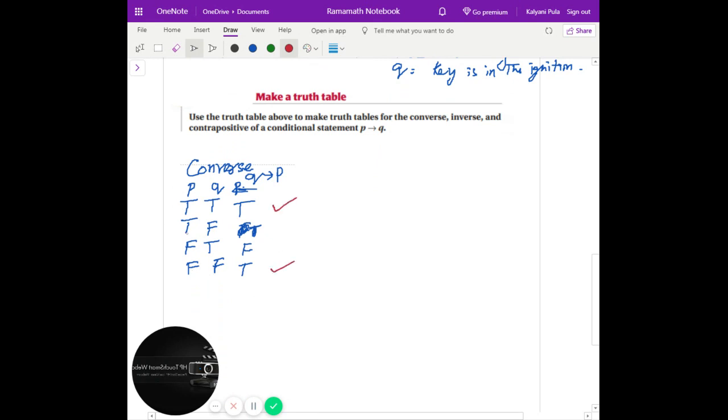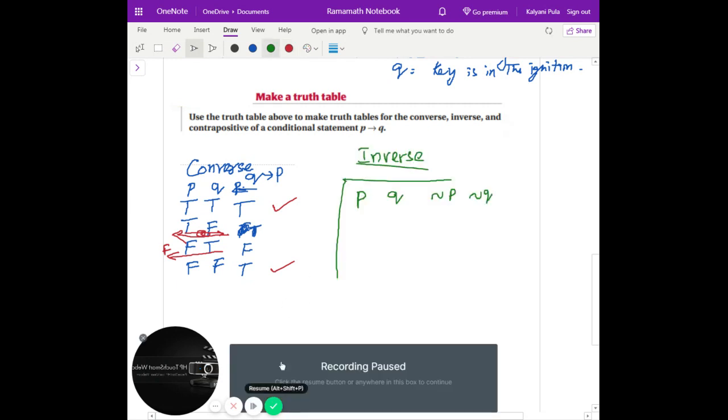And because we are doing the converse, we have to go the other direction this way. So false, true is going to come, and then true, false is going to come next. Okay? So that's a quick trick that you can follow all the time when you do these truth tables.